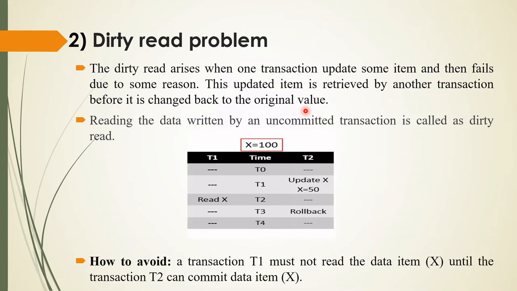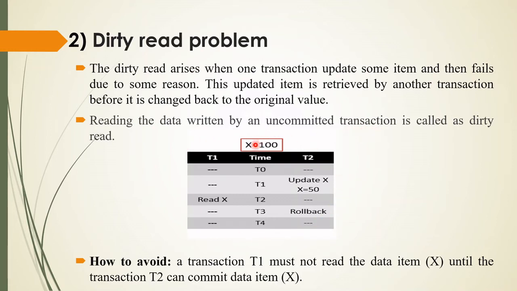Before it changes back to the original value, another transaction reads this value in between. Reading data written by an uncommitted transaction is called a dirty read. A transaction must be committed after successfully completing.